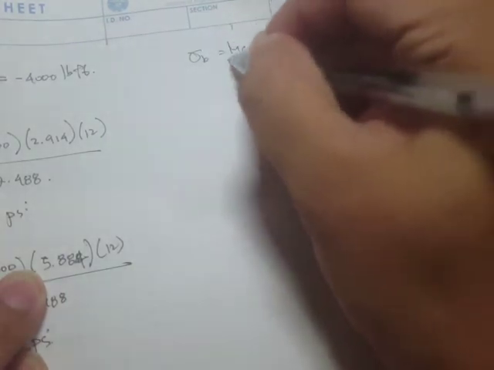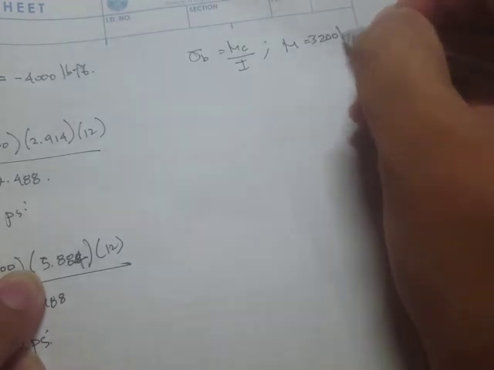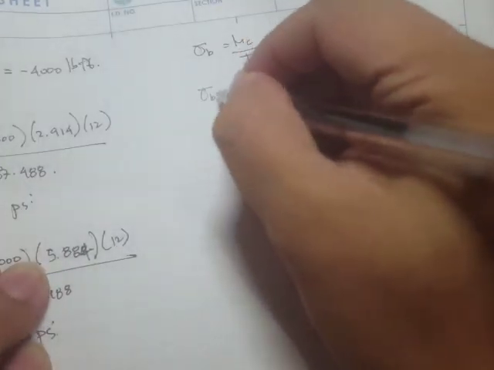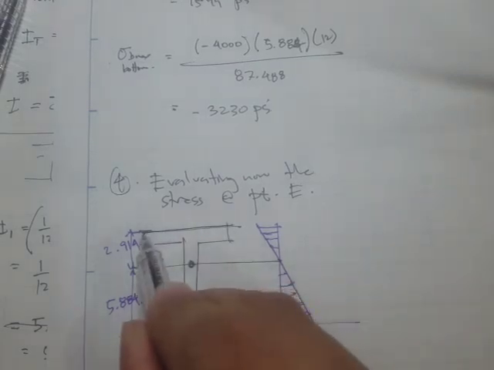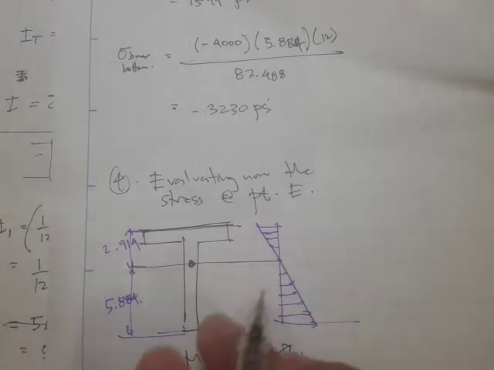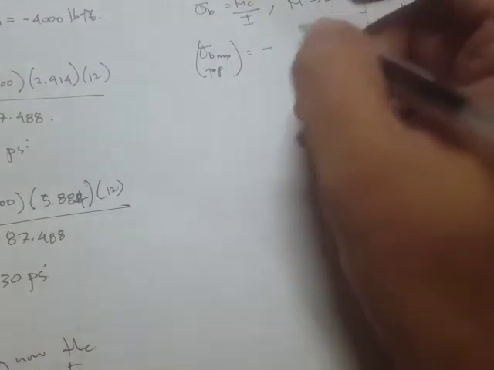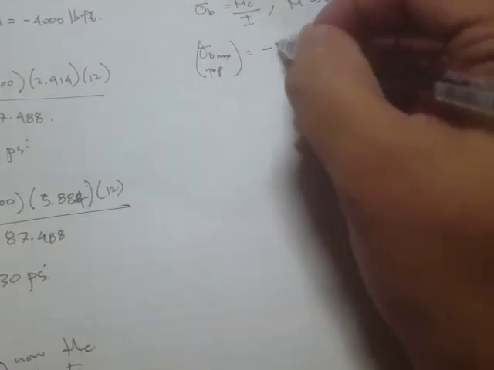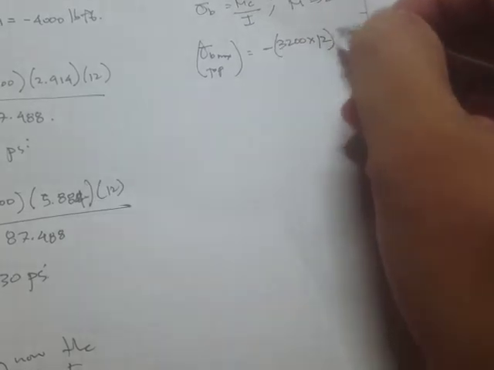Okay, so our working equation again is sigma b equals Mc over I, and the moment is equal to 3,200 pound-foot. Now for sigma b max on top, we said that the negative sign appears for the top portion. This is negative Mc over I. So what's our M? It's positive 3,200, and we need to multiply this by 12.